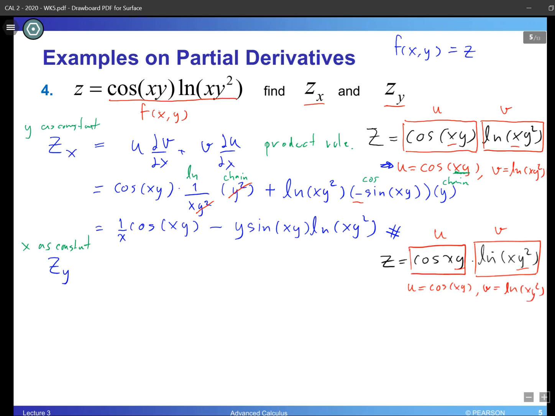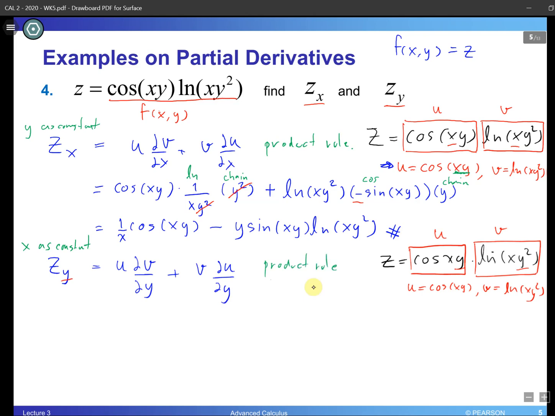So here it's going to be u dv, but this time with respect to y, so pay attention to this. This is supposed to be dv with respect to y, plus v du, and this time with respect to y. So make a note right here: product rule.